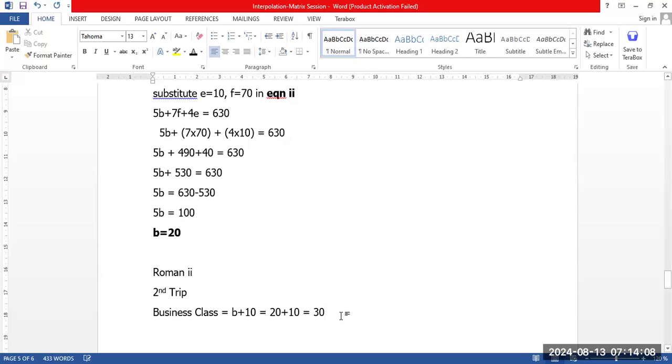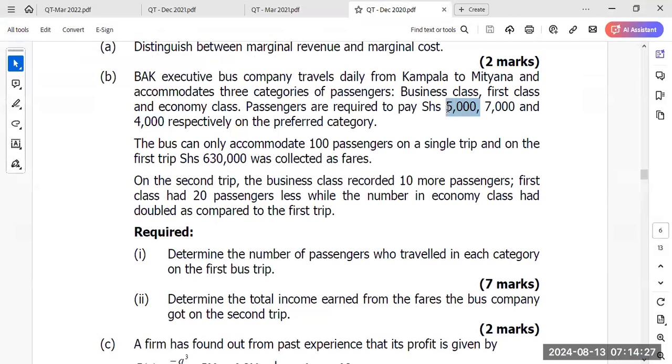So if we multiply by what? We get 30 times Z. If you follow under business class, how much do you pay? Business class, it is 5,000. First class, it is 7,000.